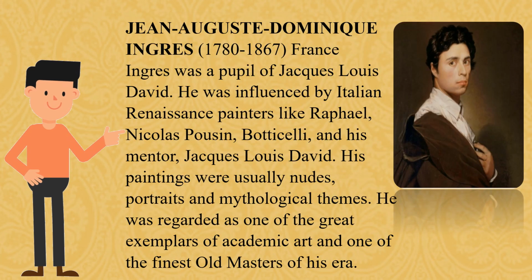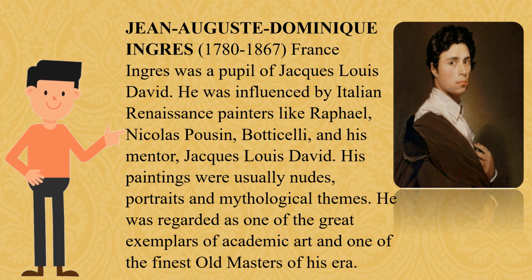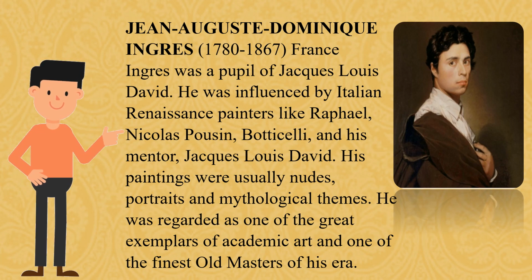Okay, so the next artist is Jean Auguste Dominique Ingres, who was born in 1780 and died in 1867 and was also born in France. Ingres was a pupil of J. Louis David. He was influenced by Italian Renaissance painters like Raphael, Nicolas Poussin, Botticelli, and his mentor J. Louis David.